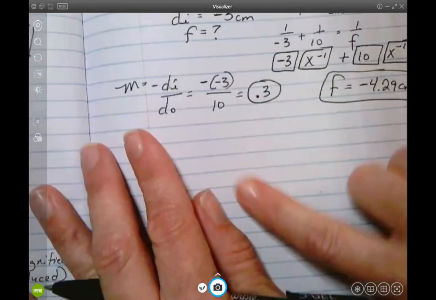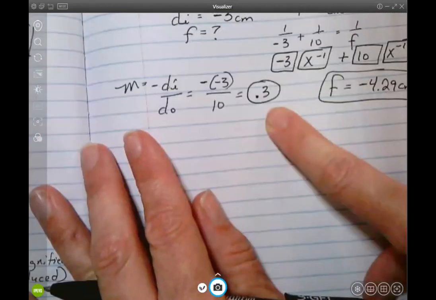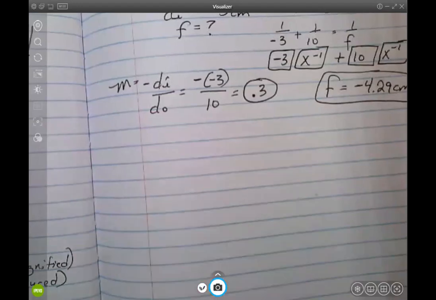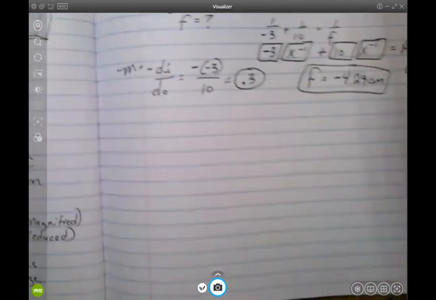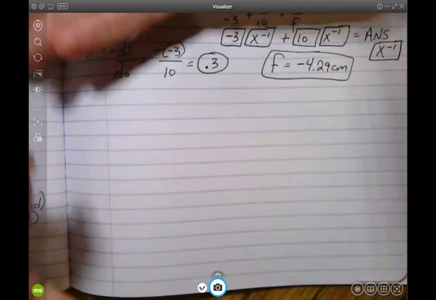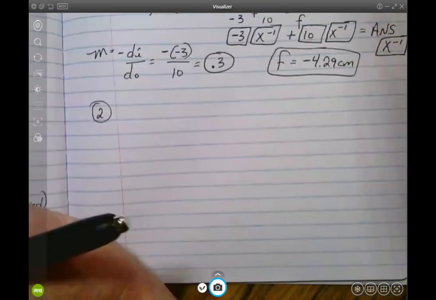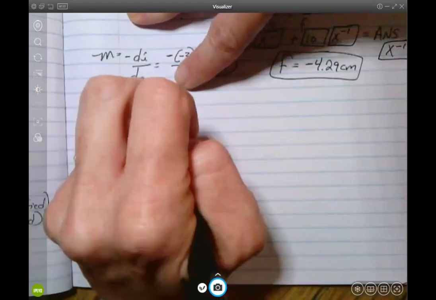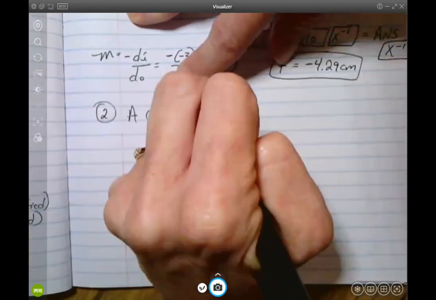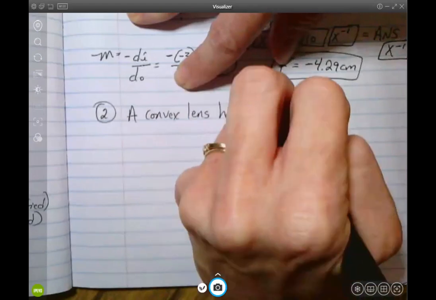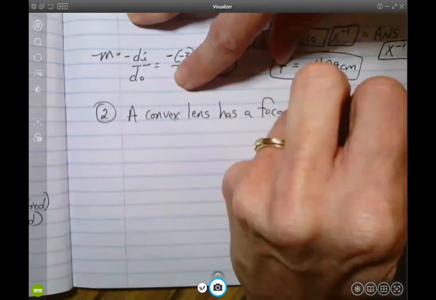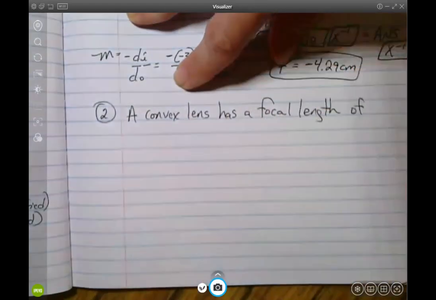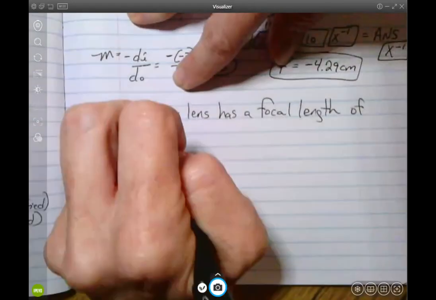So what do y'all think about this? Okay, no big deal. All right, let's do one more example. Number 2. Let's do a convex lens. A convex lens has a focal length of 15 centimeters.